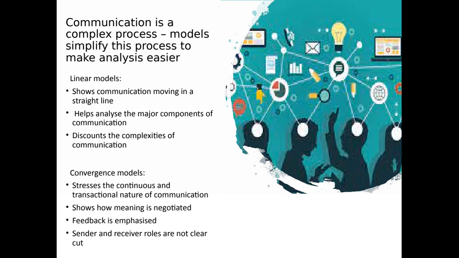So when I send you a message, your feedback, okay, thanks, I understand, is considered a part of the communication. That is a back and forth. And both parties take on sender and receiver roles. And that is what I have for you on convergent models.